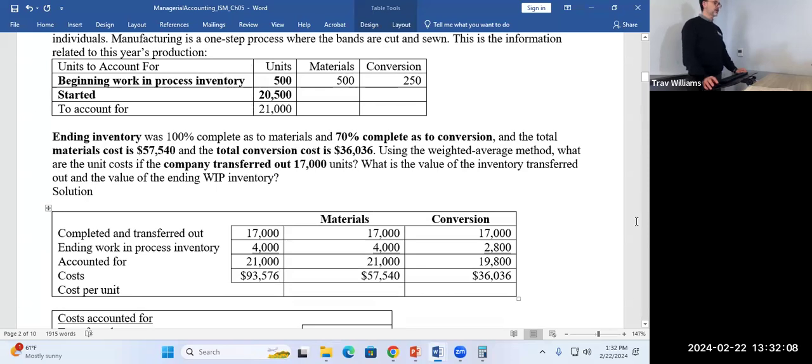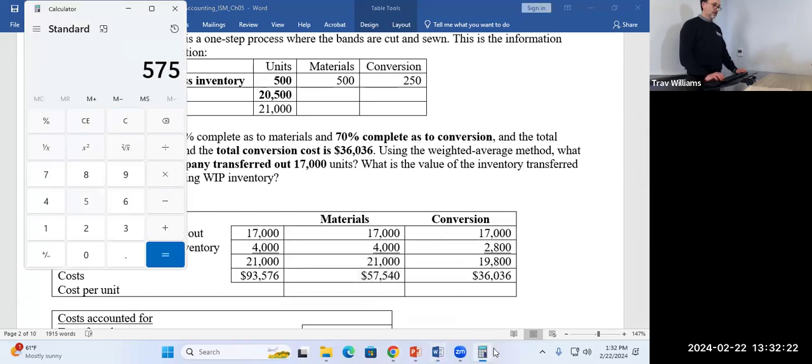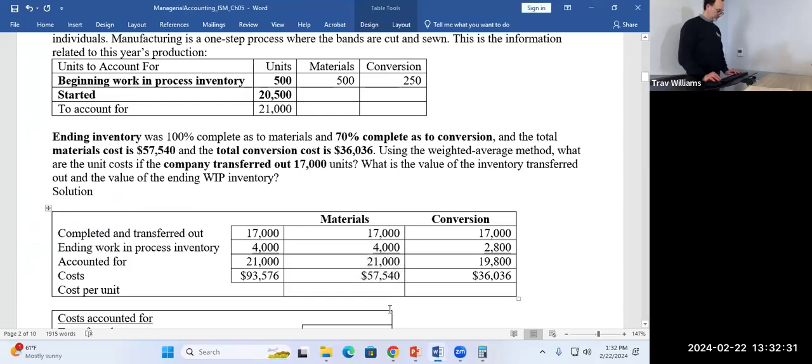Now we can figure out our cost per unit. How do we do that? Okay. Costs for the materials divided by the number of units of materials, which is 21,000, gives us $2.74. Can we do the same thing with conversion?